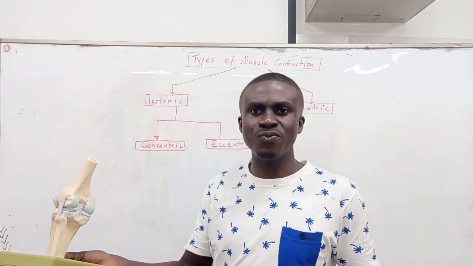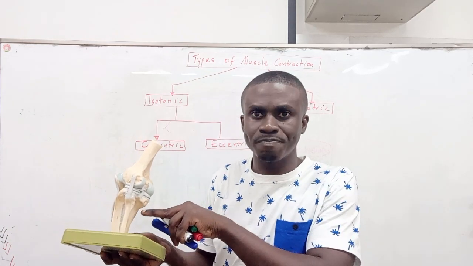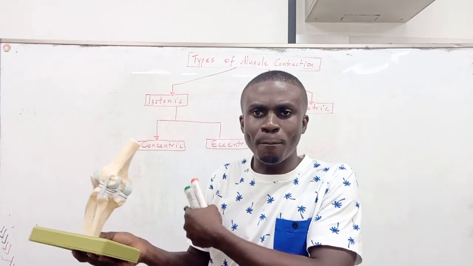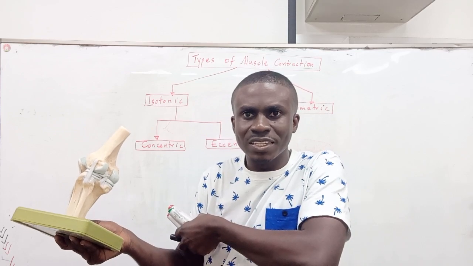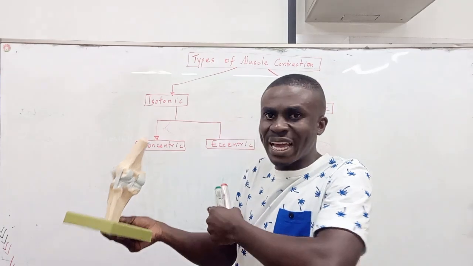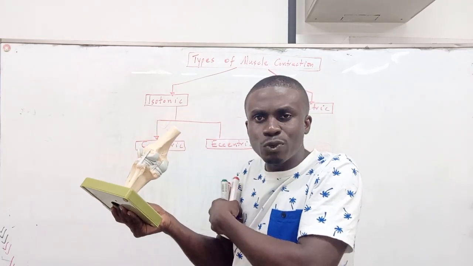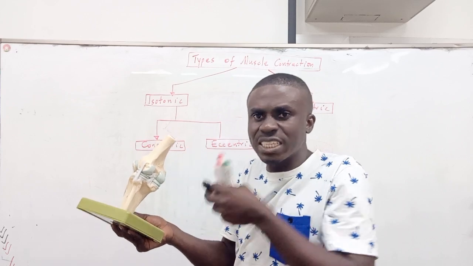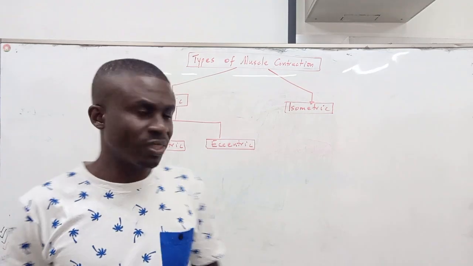Because even the minimum effort I applied has been able to overcome the load, so that the muscle fibers have shortened. The force is just the same, because I'm not applying another force again. Just the minimum force, but I'm able to overcome the load, to cause flexion, to cause the muscle fibers to shorten. So that is an example.